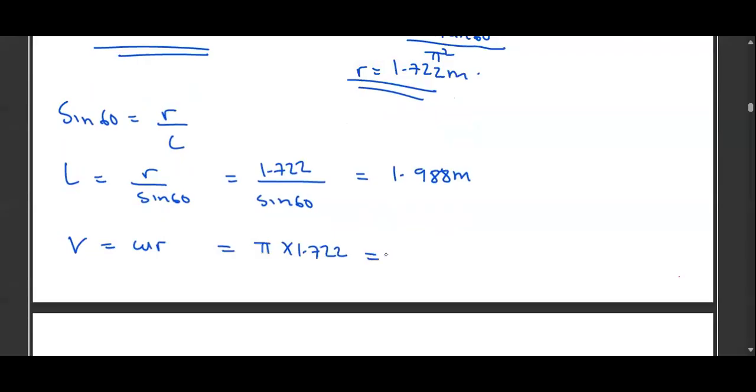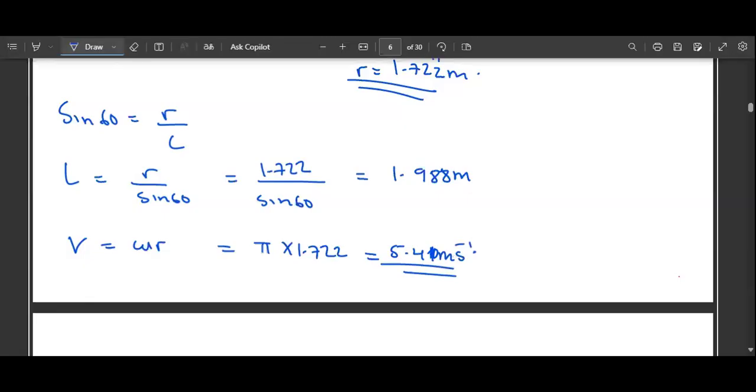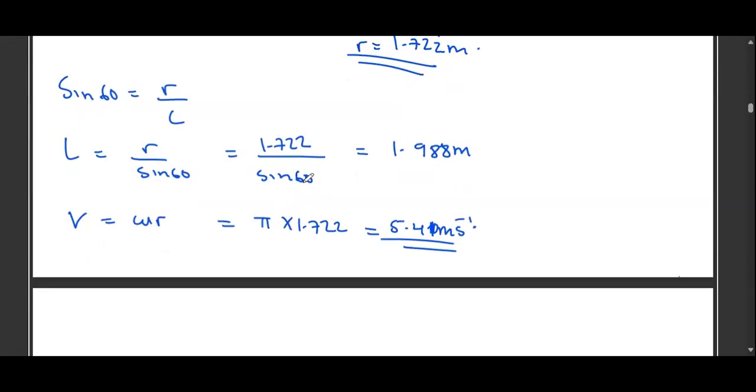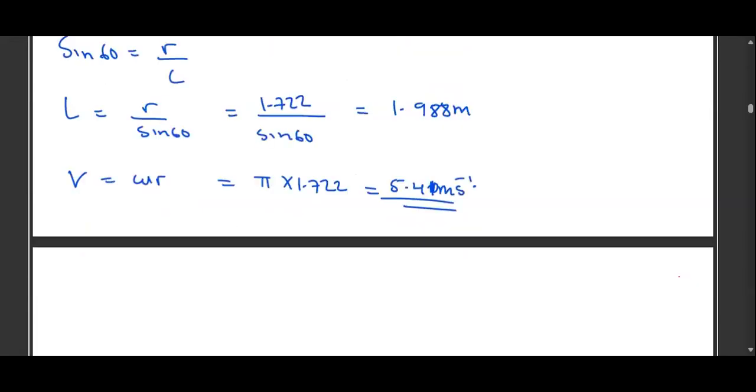Then you can come up with our answer, which is pi times 1.722, giving us 5.4041 meters per second. That will be the velocity of the attached mass. v is equal to omega r.